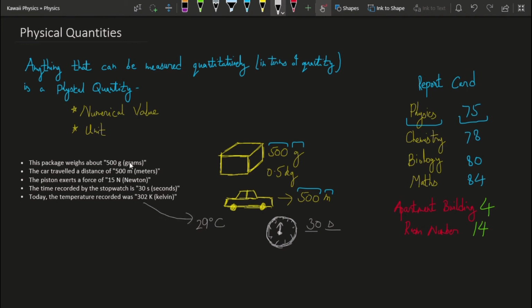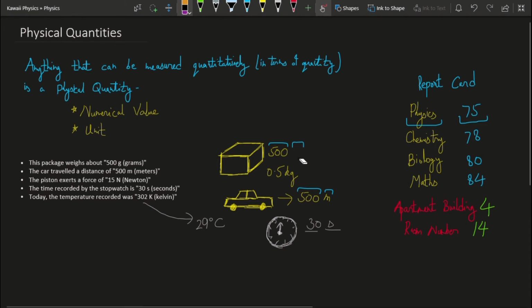Now you can see that if we remove any of these, you need to understand that in physical quantities you need the numerical value and the unit to both exist in order to convey information. For example, if I remove g, it says the package is 500.